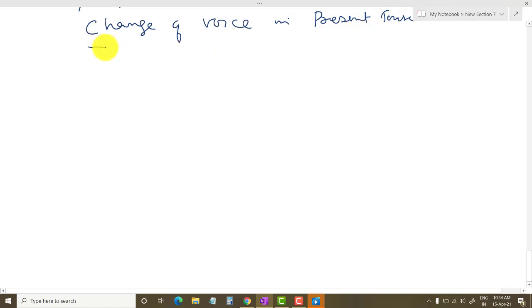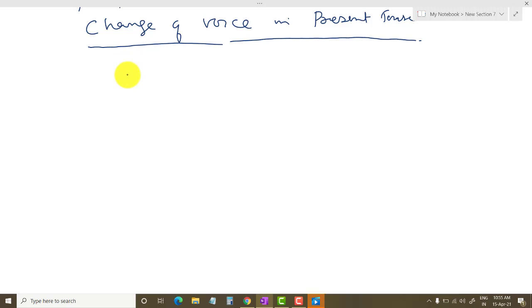Now you can easily change the voice in present tense from active to passive. Now you know the rules for changing from the active voice into the passive voice.